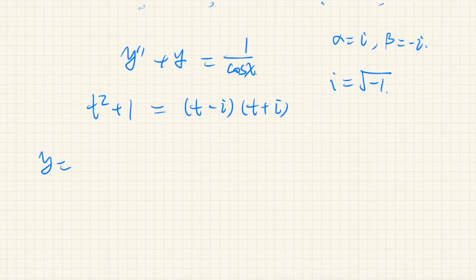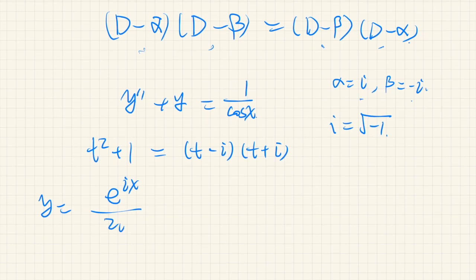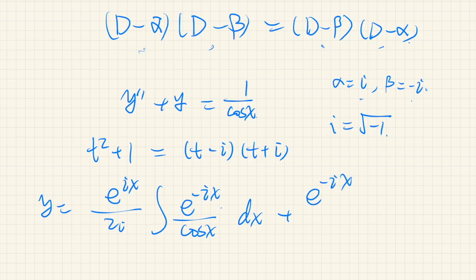So if we apply this, we have exponential of ix over, so this minus this is 2i, and integral of exponential of negative ix over cosine x dx, and plus the other part, that is negative 2i, and exponential of ix over cosine x dx.